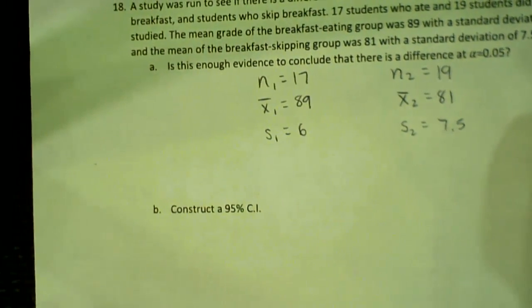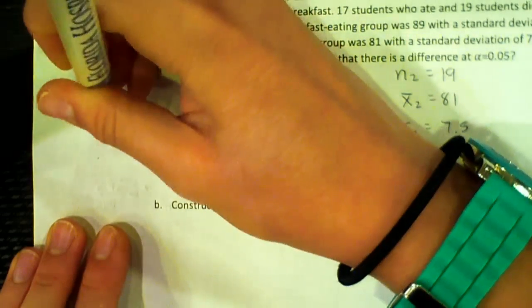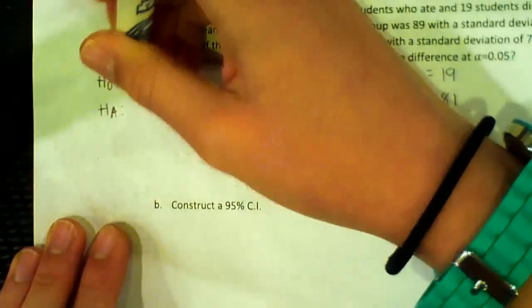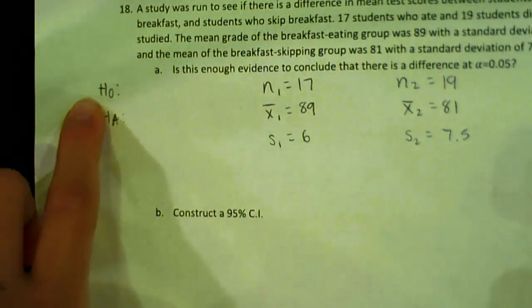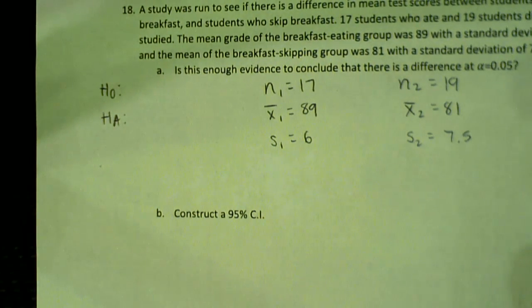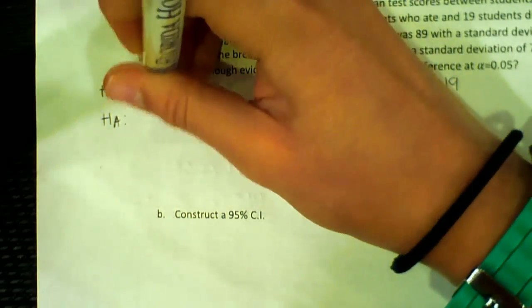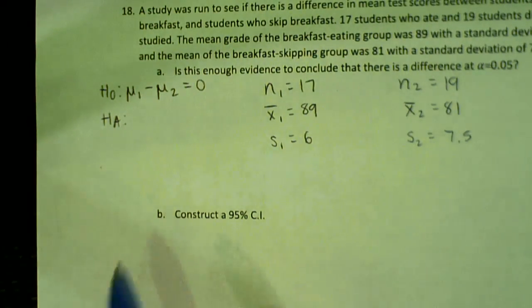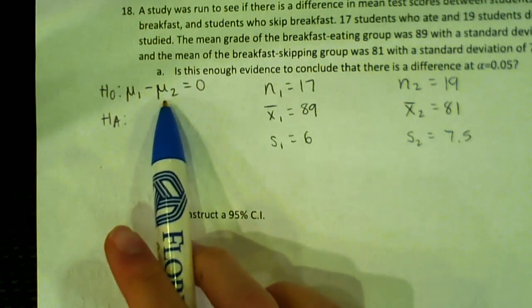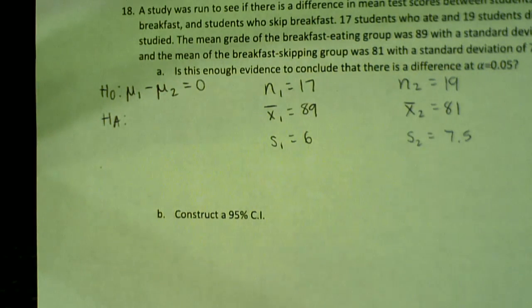Now, our alternative and our null. So the null, it's always going to say that the two groups are the same. There's no difference between them. Okay? So essentially we could write this, because if we add the population mean of the second group to both sides, then they would just be equal.